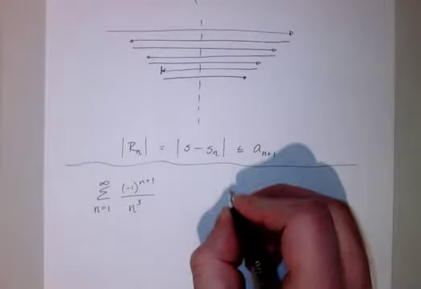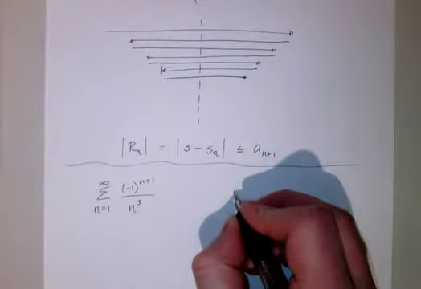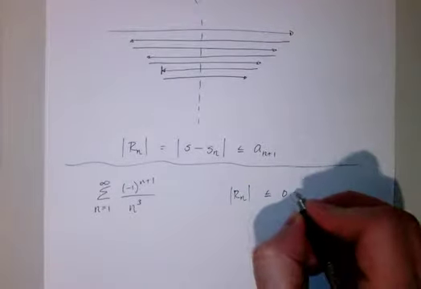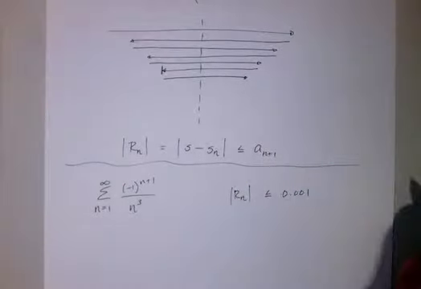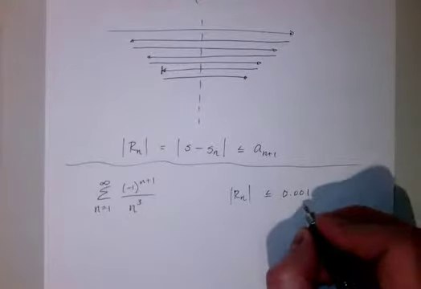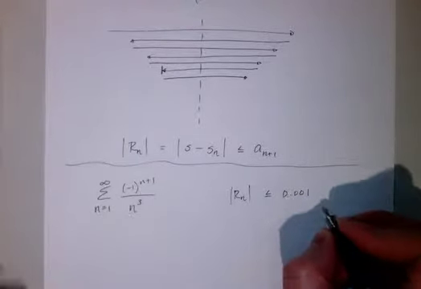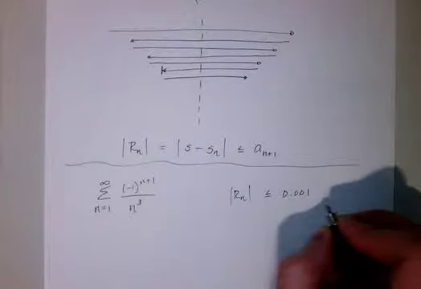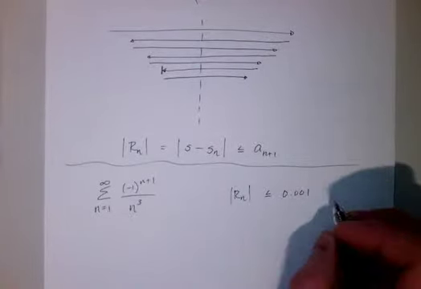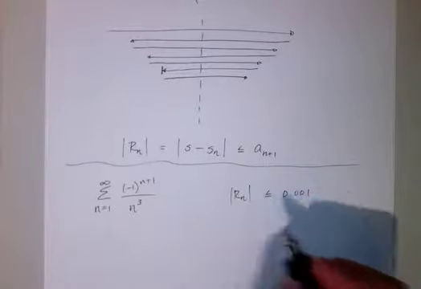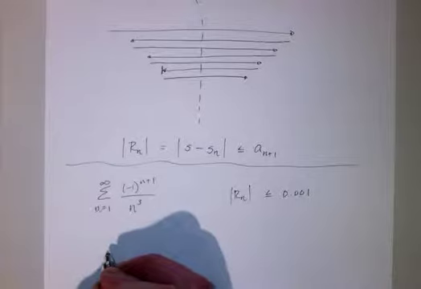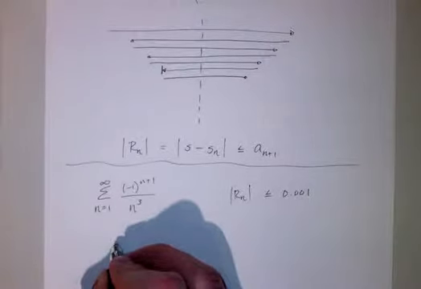So you want this remainder to be less than or equal to 0.001, which basically means you want to get to a point where that third decimal place is not impacting the sum, the remainder, okay?